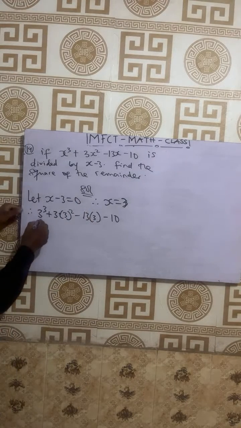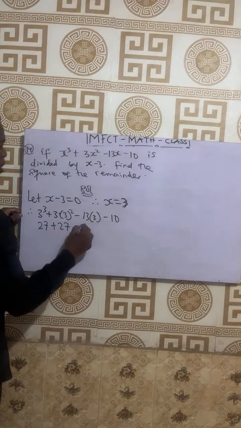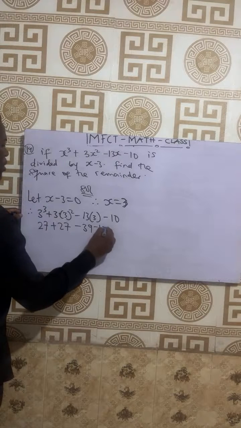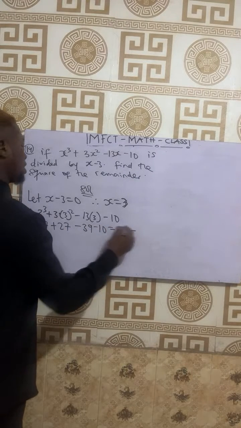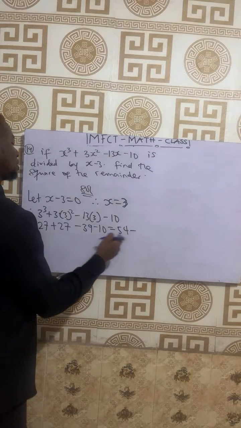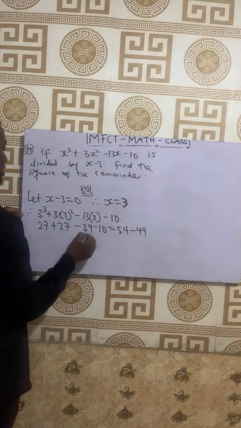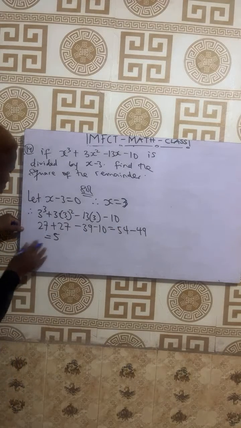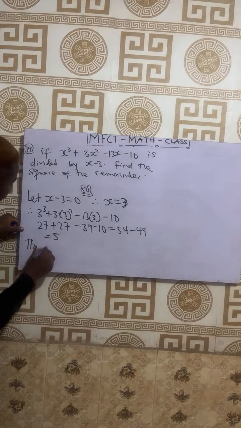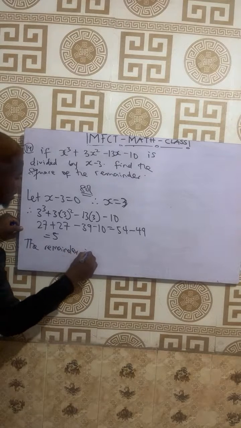So 3 raised to the power 3 is 27 plus 27 minus 39 minus 10. 27 plus 27, that is 54, minus 39 and 10, that is minus 49. And this is equals to 5. We are going to say the remainder is 5.